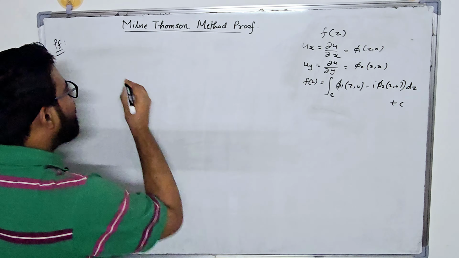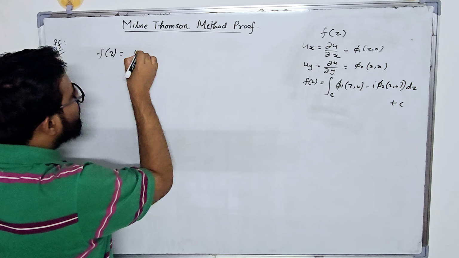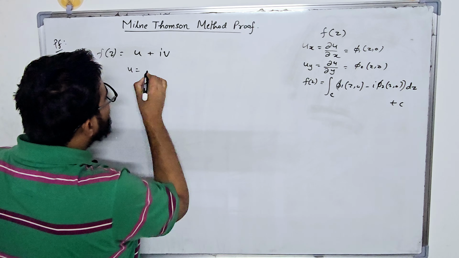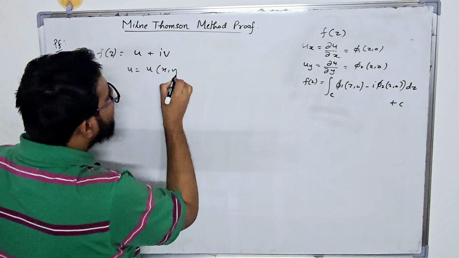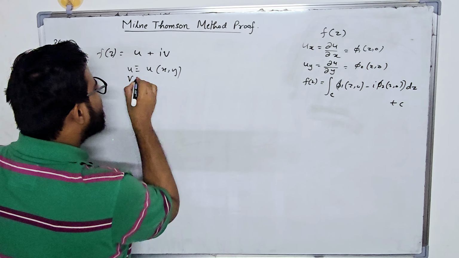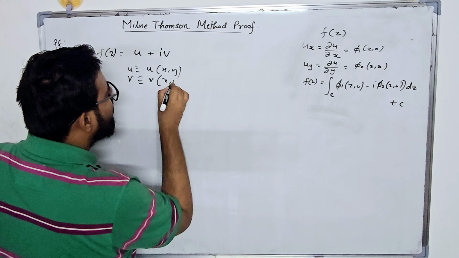So we all know that f of z can be written as u plus iv. Now u is equal to u of x comma y, and v is basically v of x comma y.